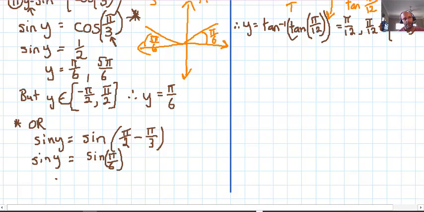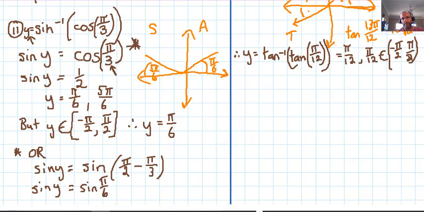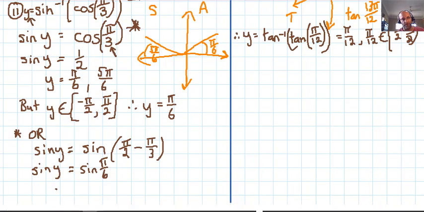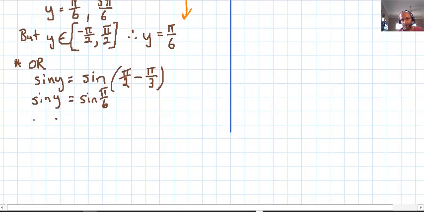And the thing is, we can write the original expression up the top there as inverse sine of sine pi on 6, which is the same expression.